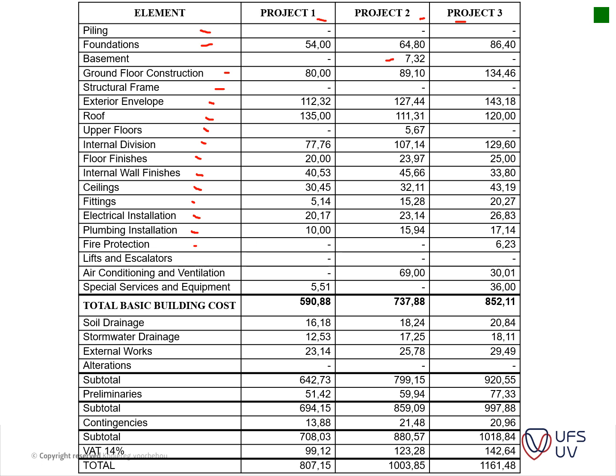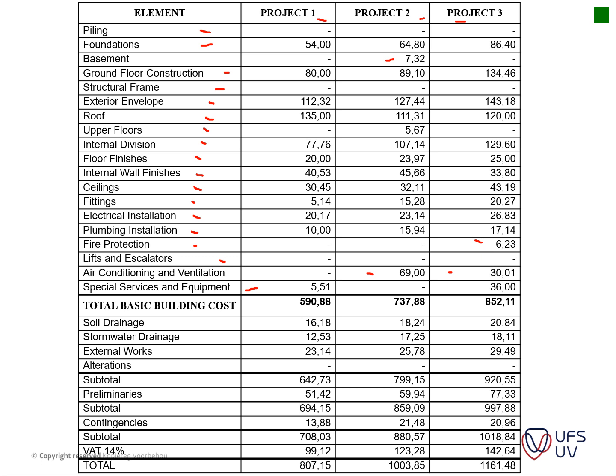Okay, and then fire protection. One had some fire protection. Lifts, no lifts were installed. 2 of the projects had air conditioning and ventilation installed, and then specialist equipment and services additional to the project. This might be like access control or anything like that, like biometrics, etc.